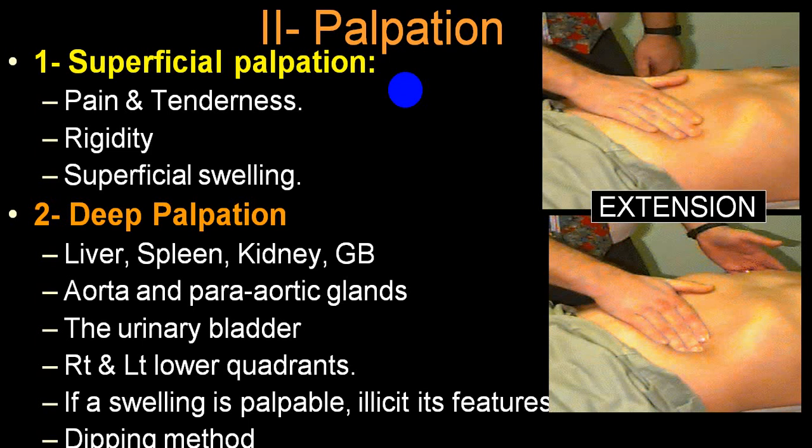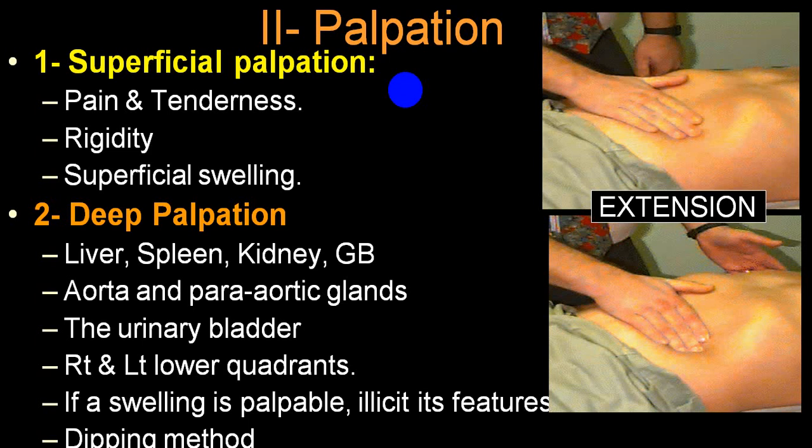In a case of just palpable liver, you can go for a dipping method or a hooking method. And during hooking method, left costal margin is utilized for spleen and right costal margin is utilized for liver palpation. We'll be showing you those photographs. And in suspected bladder enlargement, because of retention, either acute or chronic retention, it will be a suprapubic mass.